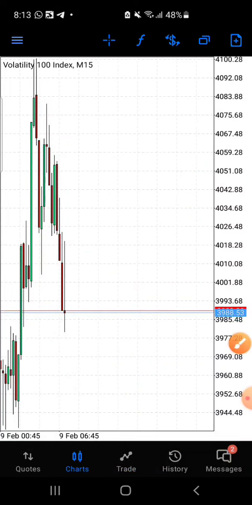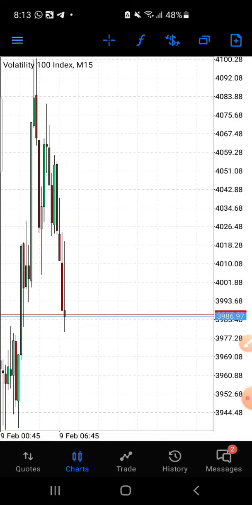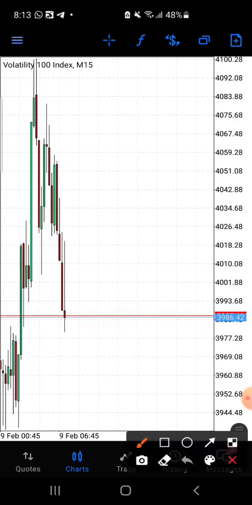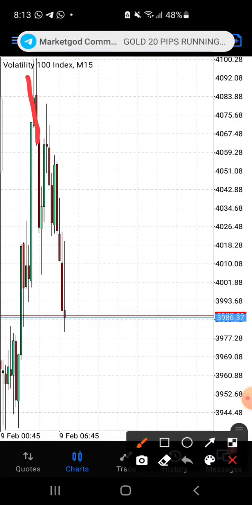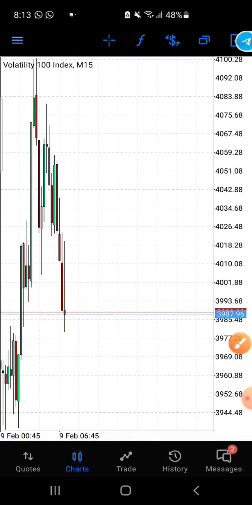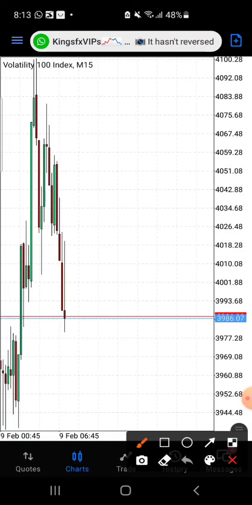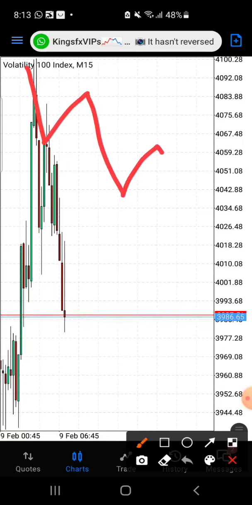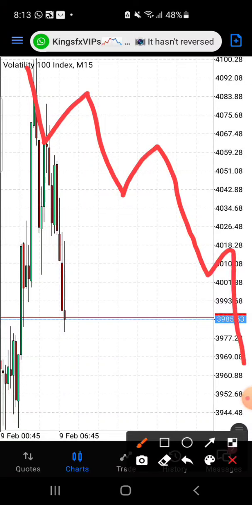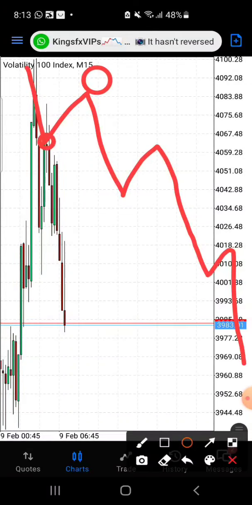Now let me sketch the setup for you guys. Let's assume that the price is trending to the downside and is creating a lower low, lower high movement. The price pushes this way, creates a low, then a lower high, lower low, lower high, lower low, this way to the downside.